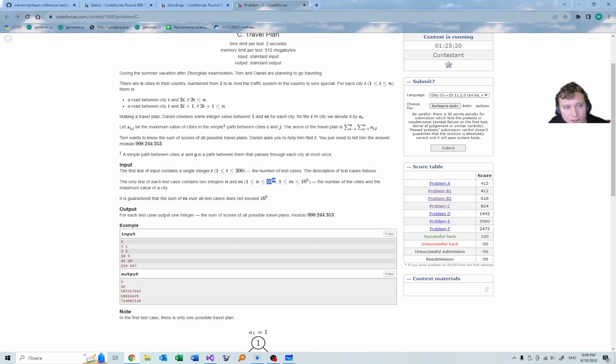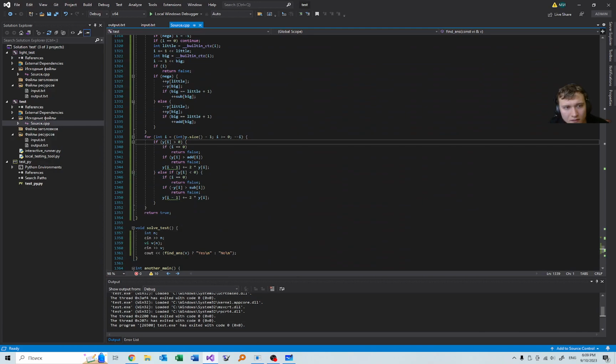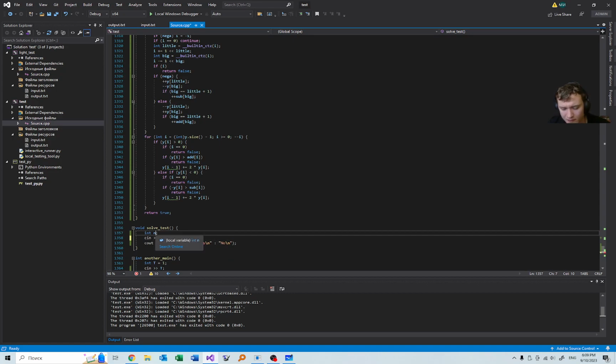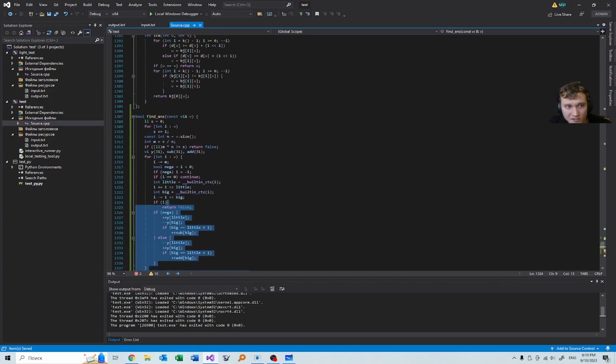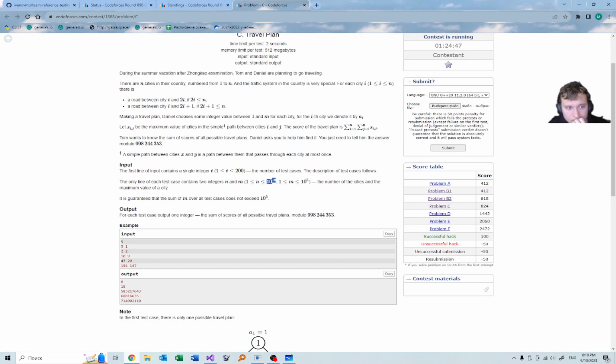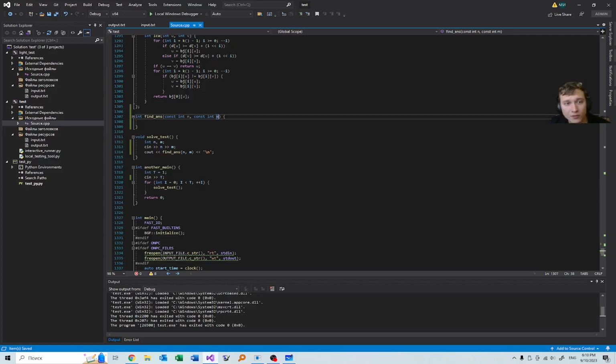So we read N and M and let's just calculate the answer for N and M. The sum of M over all test cases does not exceed 10 to the 5.